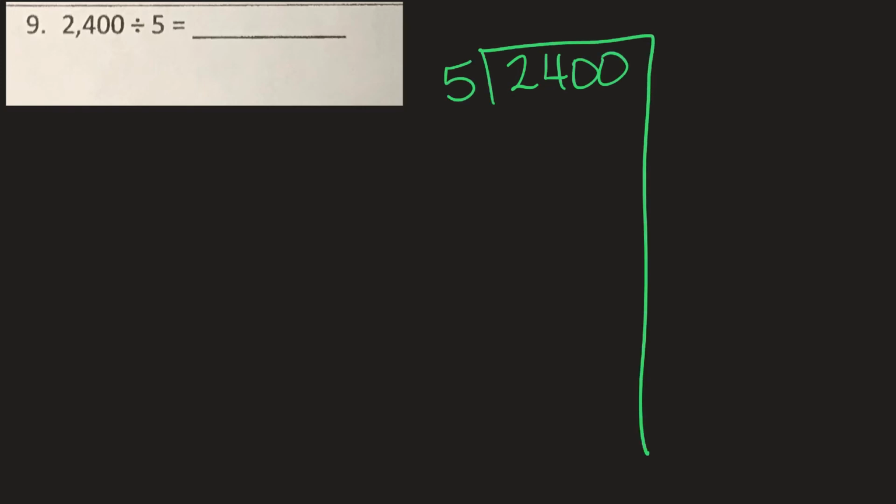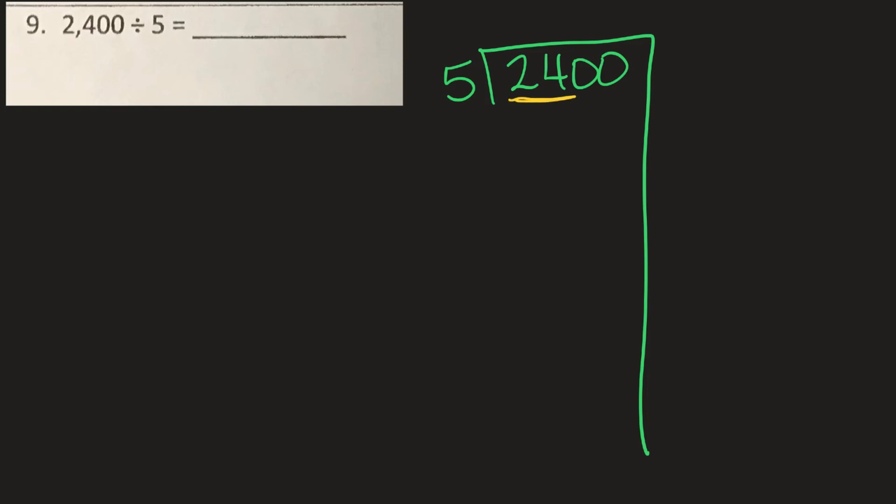Okay, 2,400 divided by 5. Okay, this is another big one. So just to start with 1,000 because it is a number in the thousands. 5 times 1,000 would be 5,000, and that's way too much. So I'm just going to start by looking at these first two numbers.